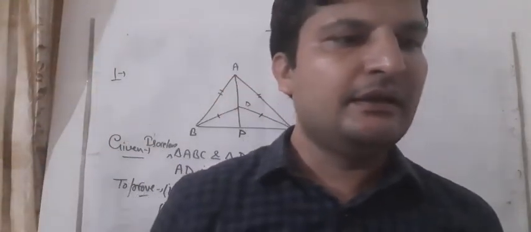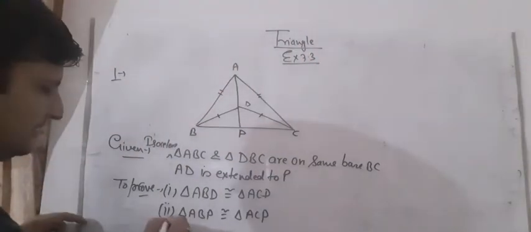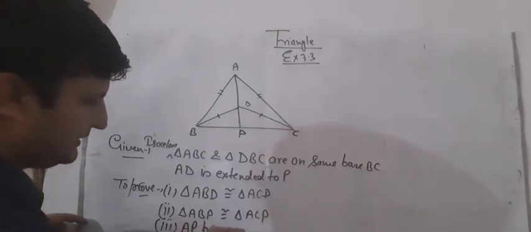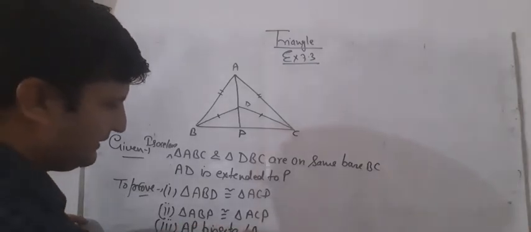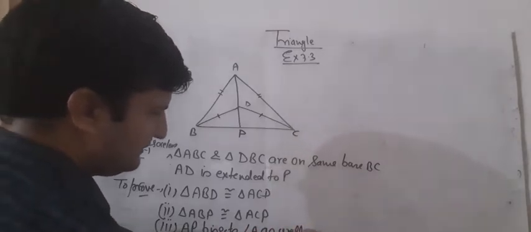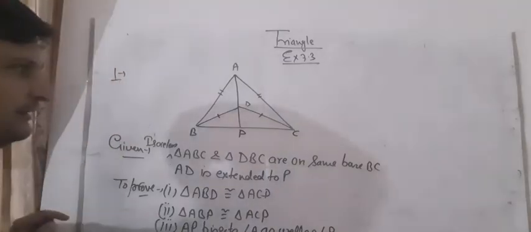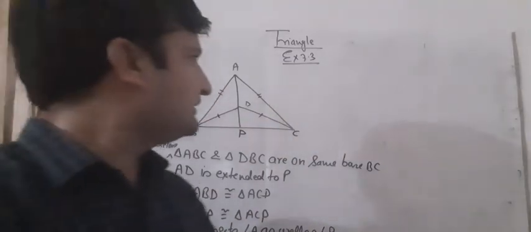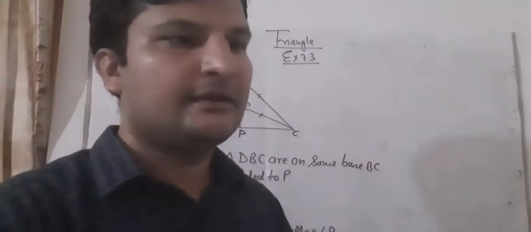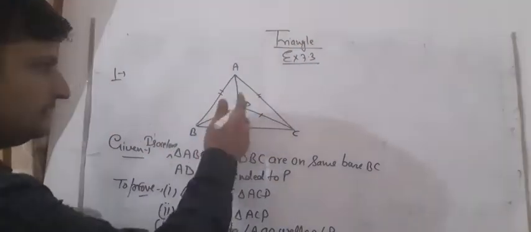Third is AP bisects angle A as well as angle P, not angle D.